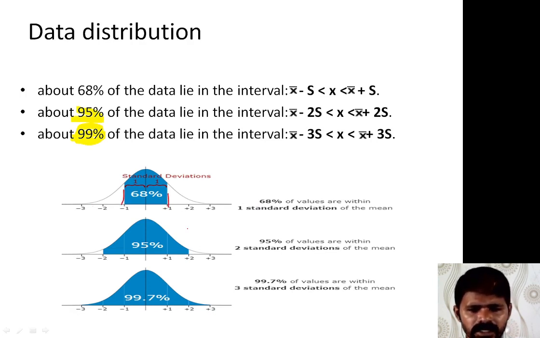If the data follows two standard deviations, 95% of the data is covered. If it follows three standard deviations, it covers about 99% of the data.